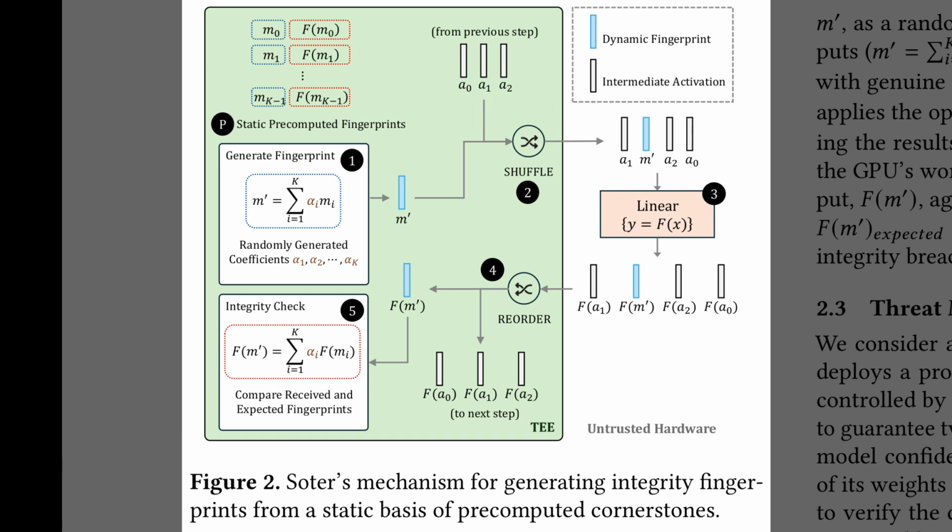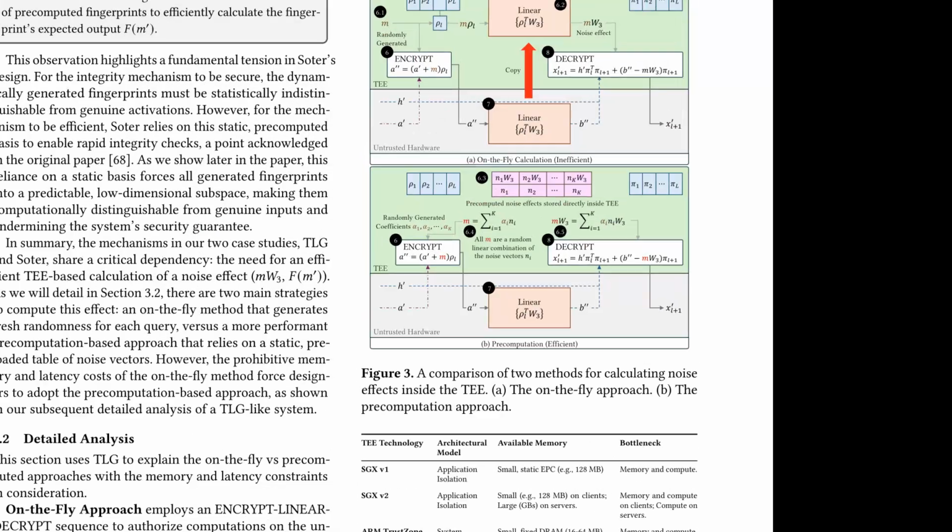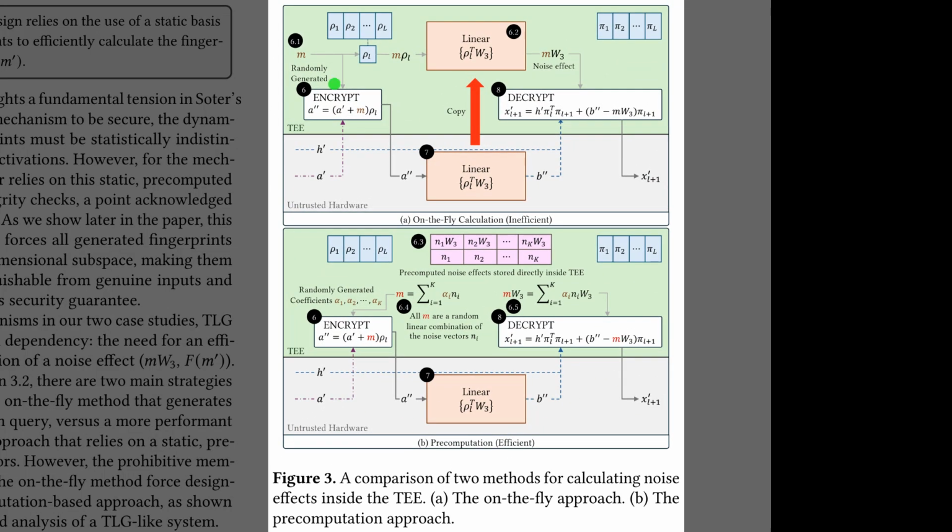This challenge is then shuffled with real user data in step 2 so the GPU cannot identify it. Finally, step 5 verifies the returned result. But since those base vectors never change, an attacker can eventually analyze the traffic to distinguish these tests from real user inputs.